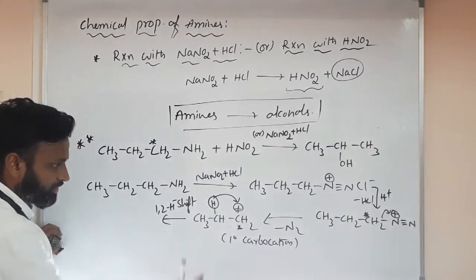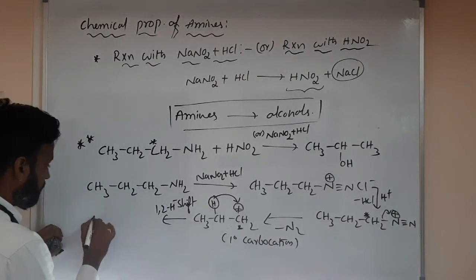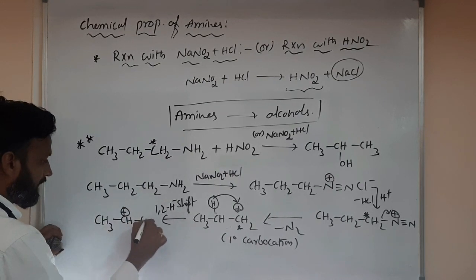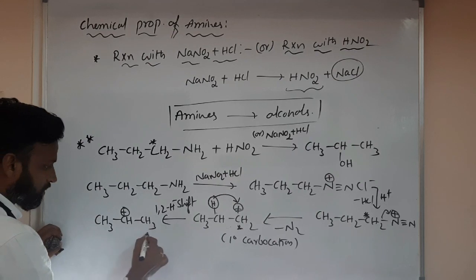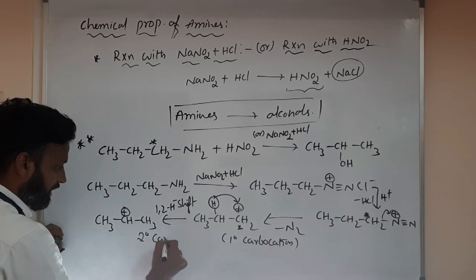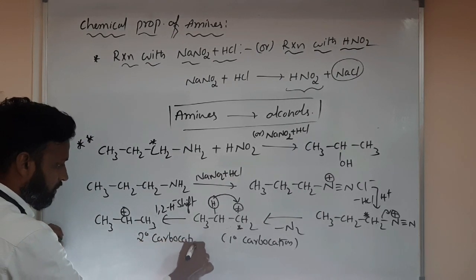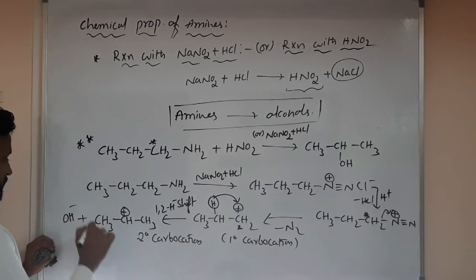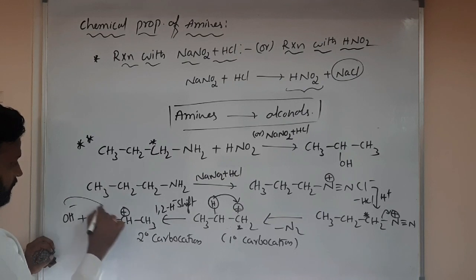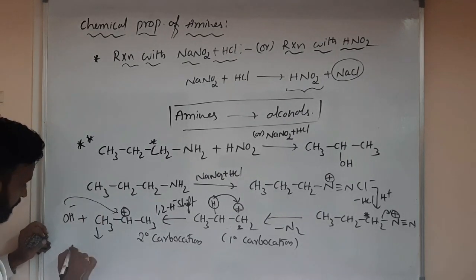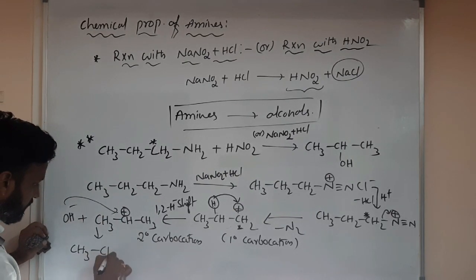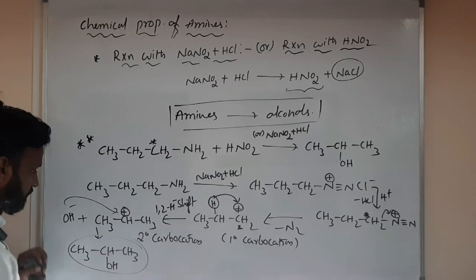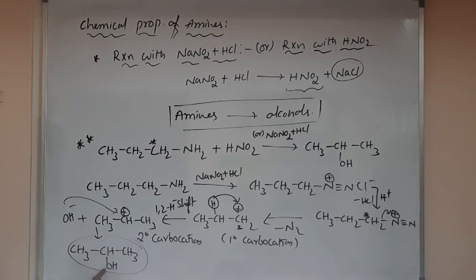With the 1,2 hydride shift, you are having CH3, CH plus and CH3. What carbocation is it? Secondary carbocation. Now OH minus will add to this. Then you are having CH3, CH, OH, CH3. This is the final product, CH3, CH, OH, CH3.